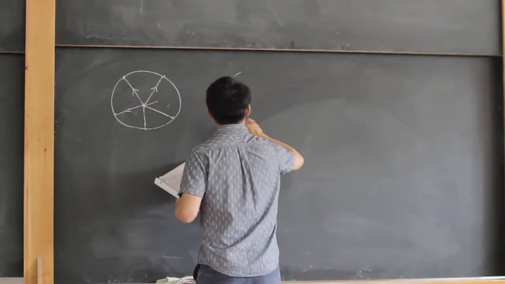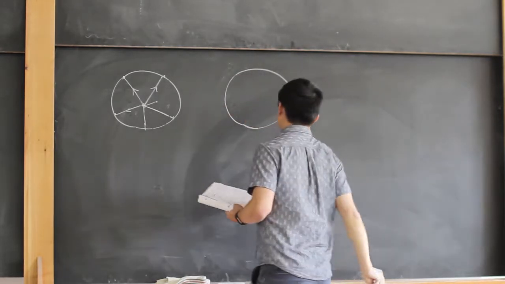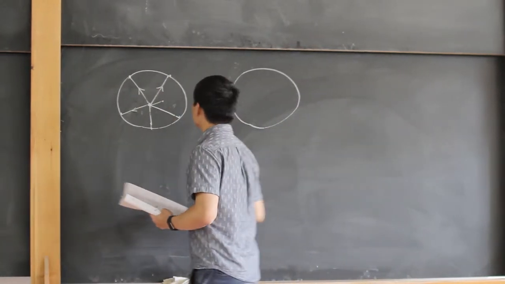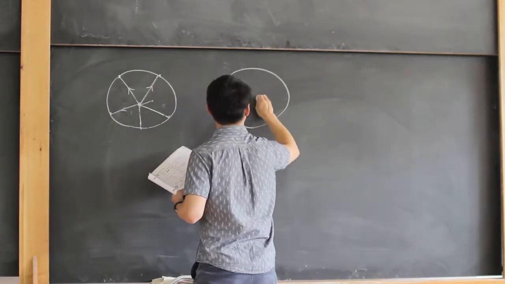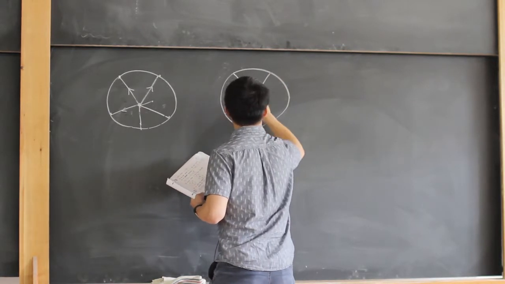But the interesting thing is I don't have to choose these 3 boundary legs as being 3 continuous ones. I can choose the following. So let me draw another picture. This is exactly the same tensor.